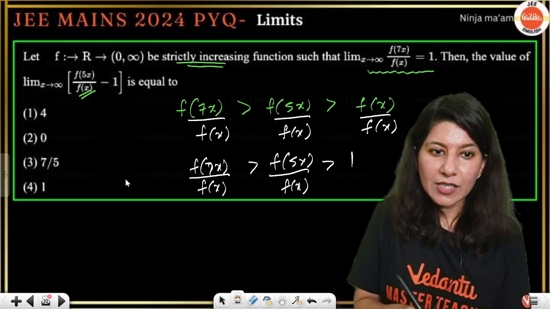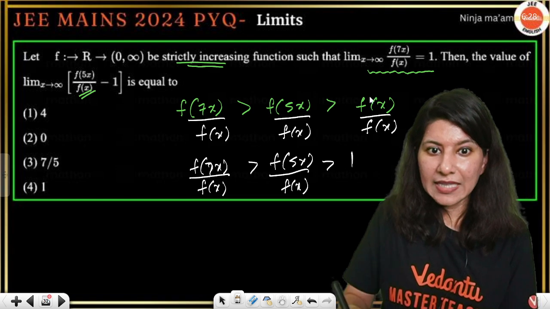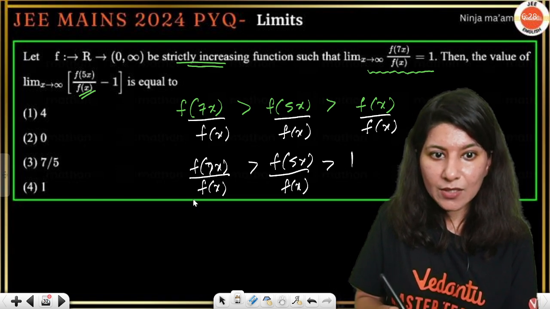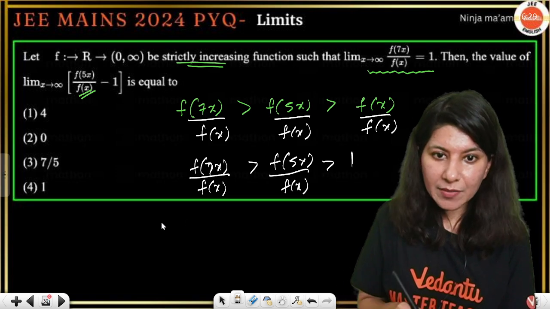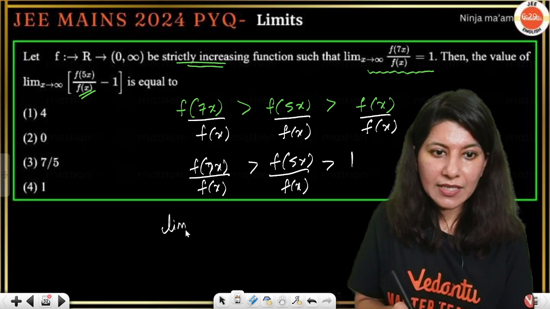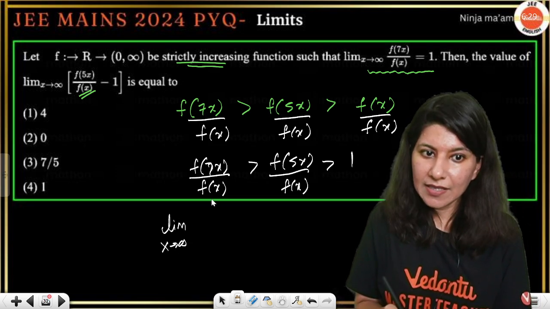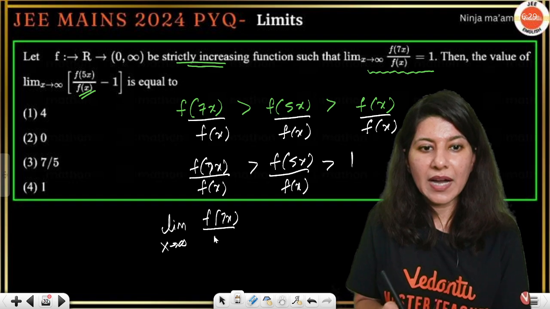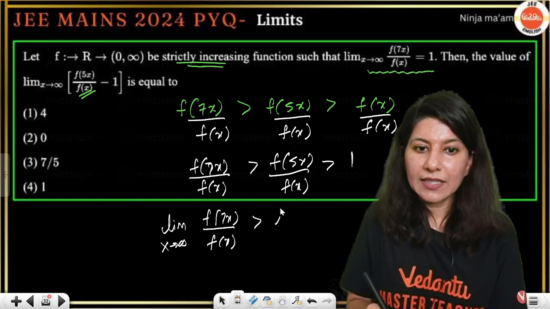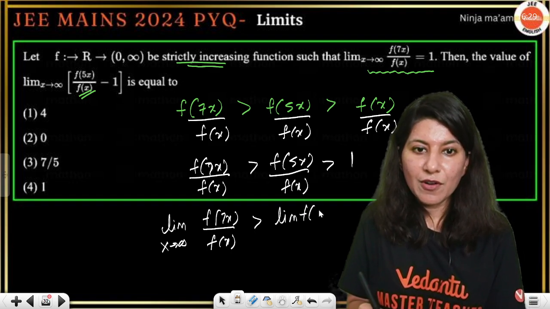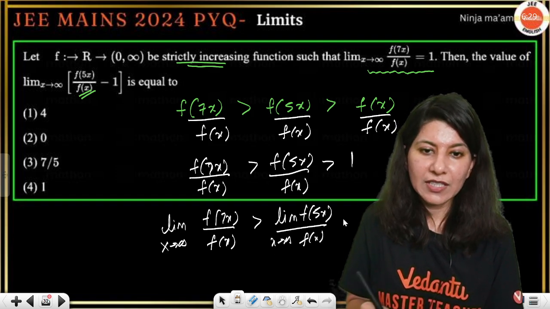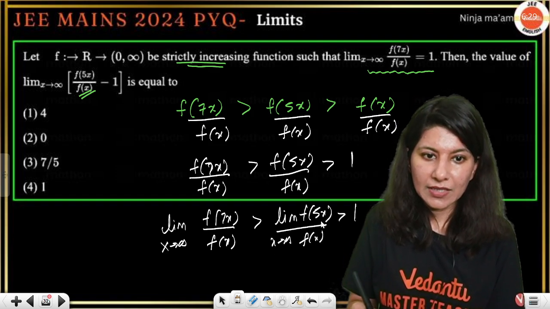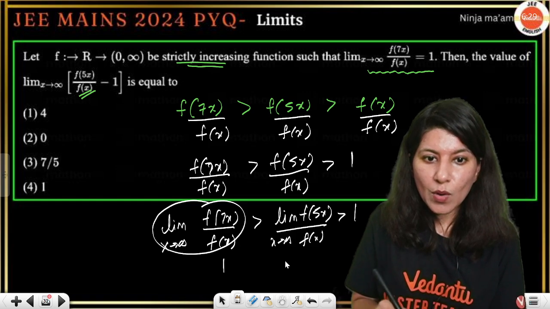Okay. So they are saying that this limit is equal to 1. What is happening if I apply the limit on each and every side? So limit x tends to infinity, f of 7x by f of x is greater than limit x tends to infinity, f of 5x upon f of x, and this is greater than 1. So this is 1 and 1.